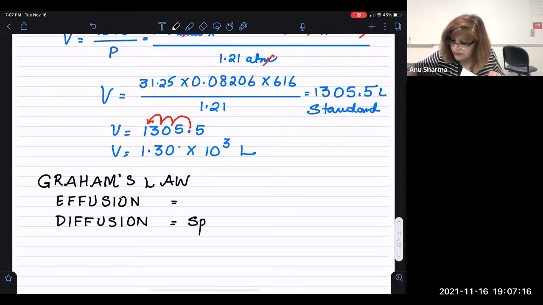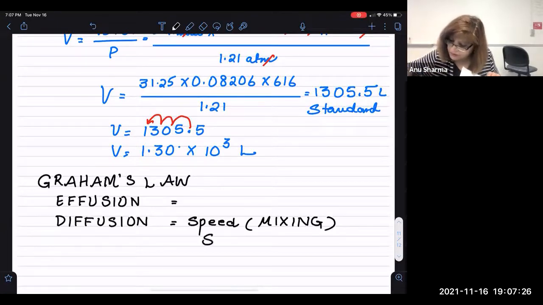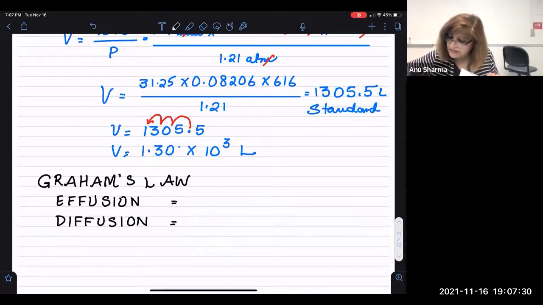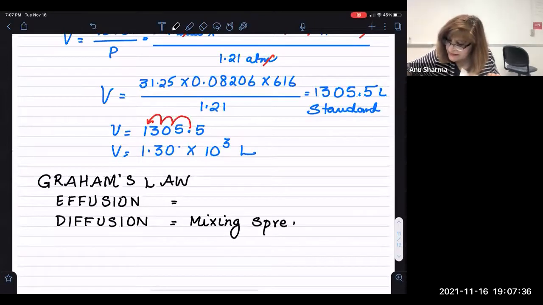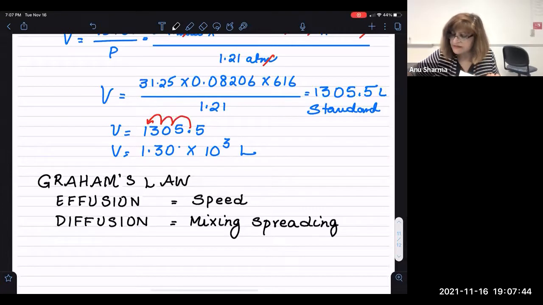Diffusion is just the normal way of mixing, when two gases mix or a gas leaves a system and spreads out. It's not even the speed, just a general concept of mixing and spreading of the gases. But effusion is the speed with which they mix.